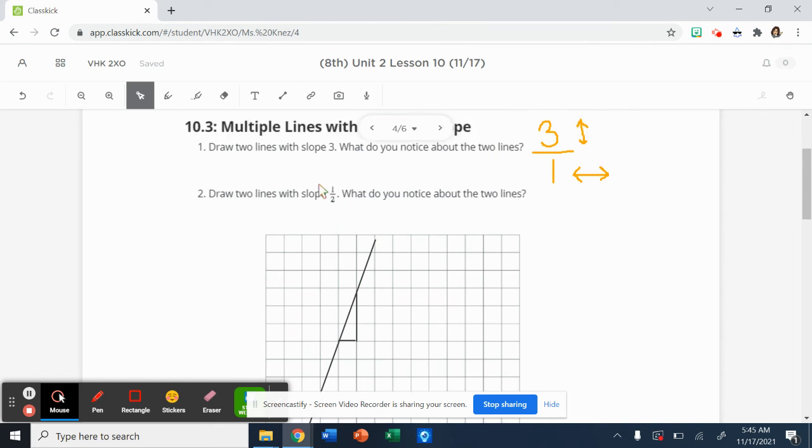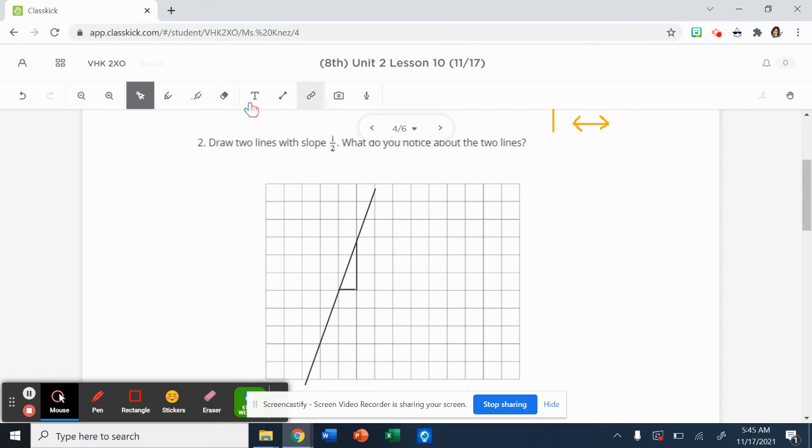And I could do it again because it asks for two lines, just in another place in the graph. Right? I could say, okay, over 1 and up 3. And so I can draw another line segment with a slope of 3, as long as that line segment makes the hypotenuse of the triangle.